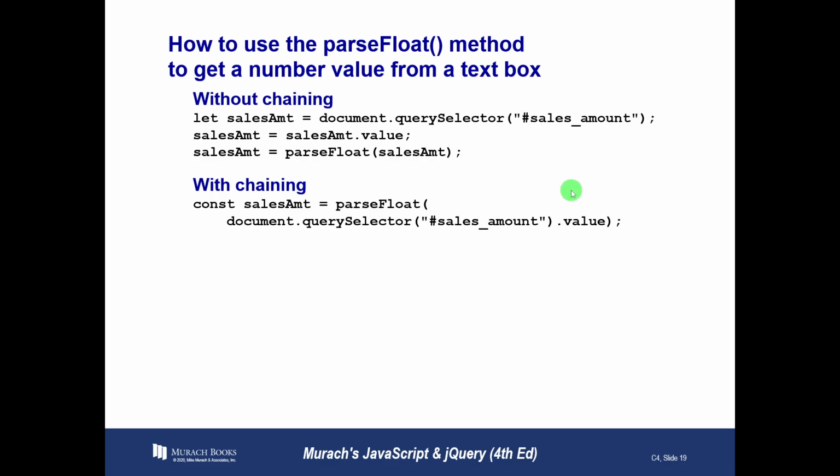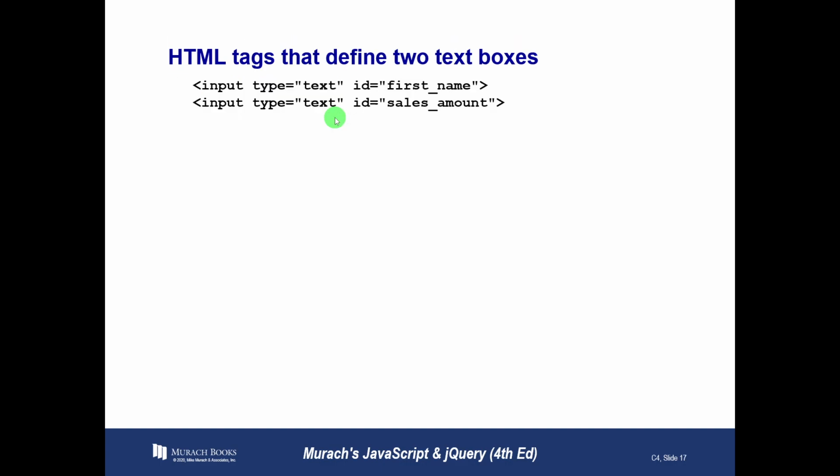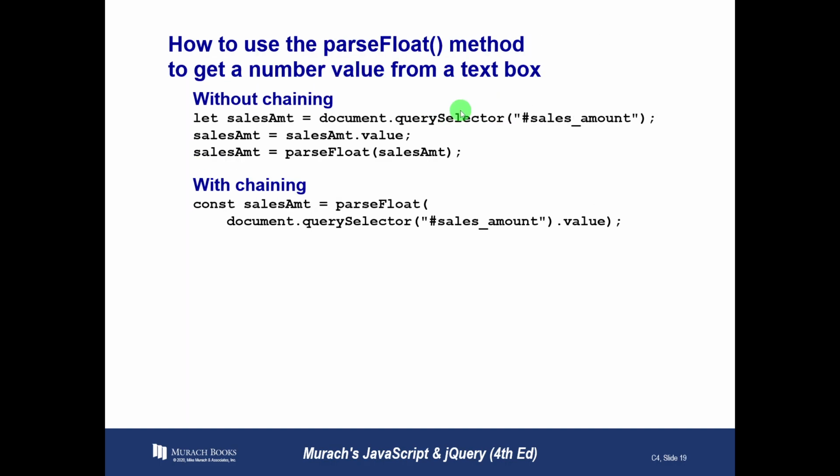Let's look at the parseFloat method to get a number from a value in a text box, because the value in a text box is, of course, text, or a string is another way to look at it. So here we're working with the second text box on our page, which is the sales amount, which we would expect to be a number with a variable name like that.